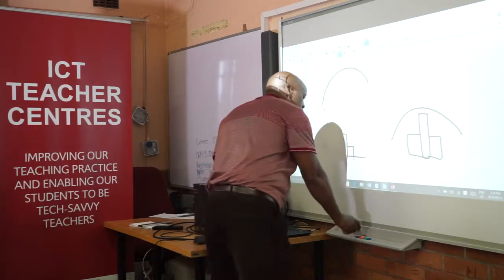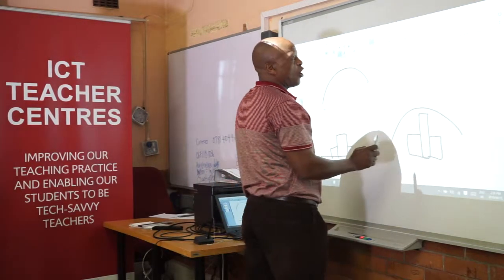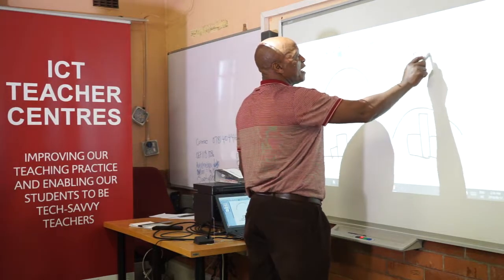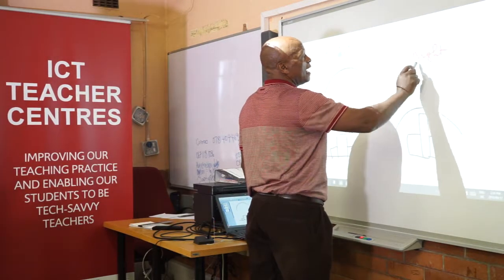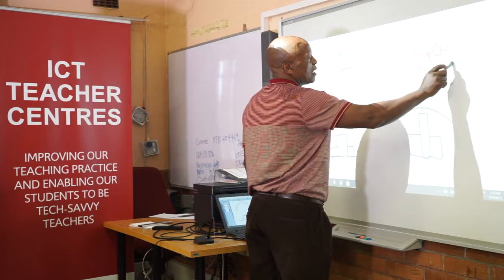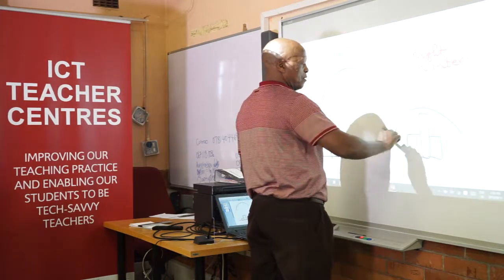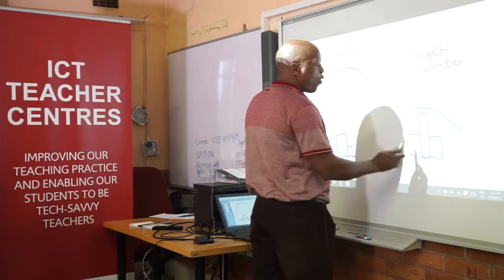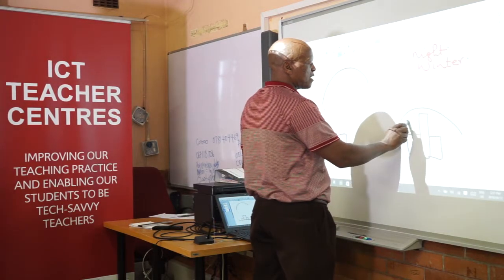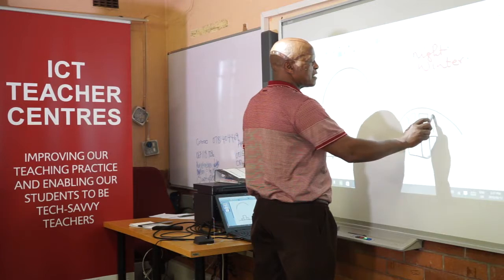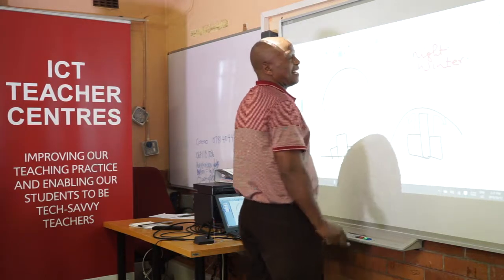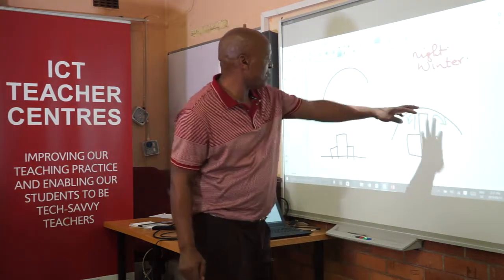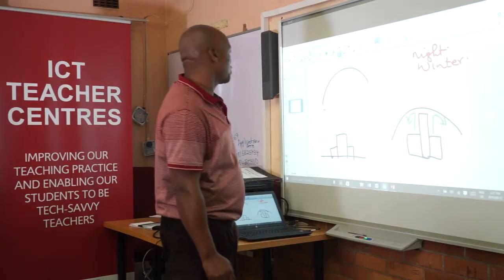If they draw the night and winter situation, it has to be like this. This structure must be close to the city top, and they must put the arrows like this, showing that this air which is rising is blocked by this layer of pollution.